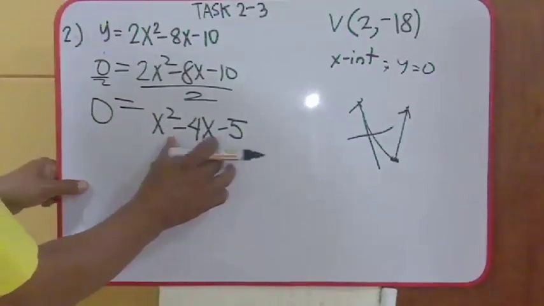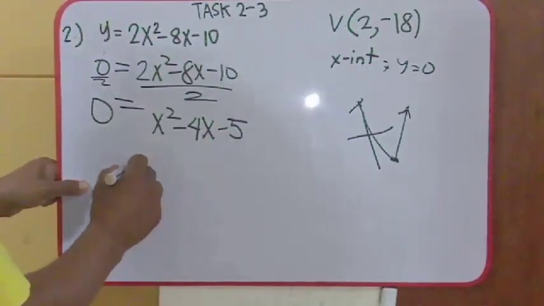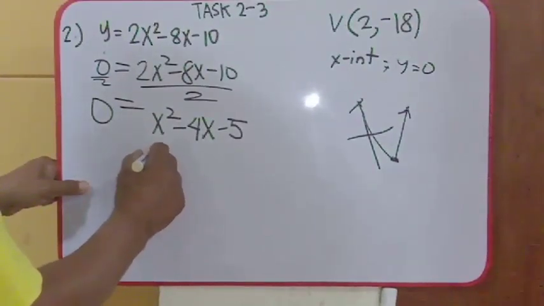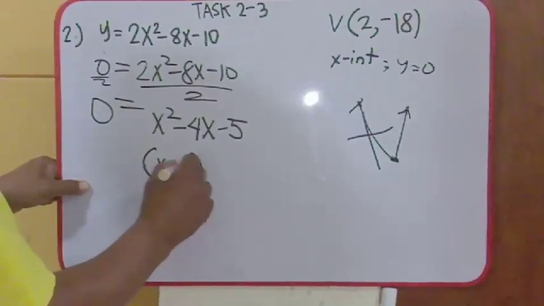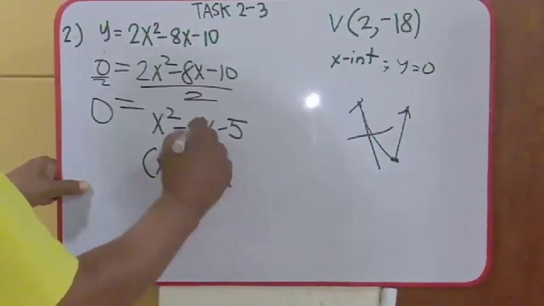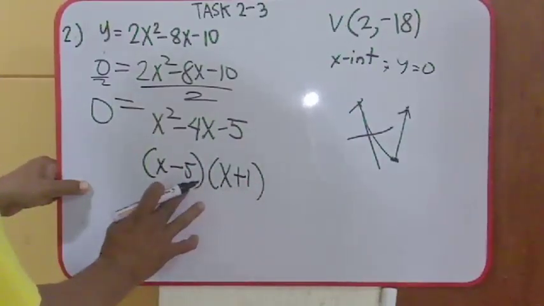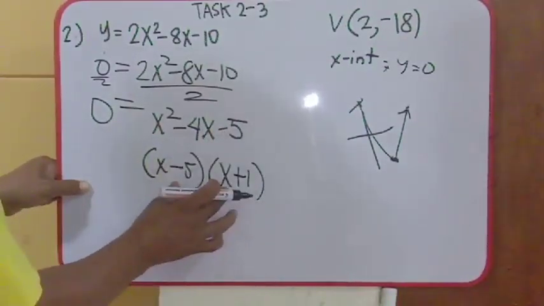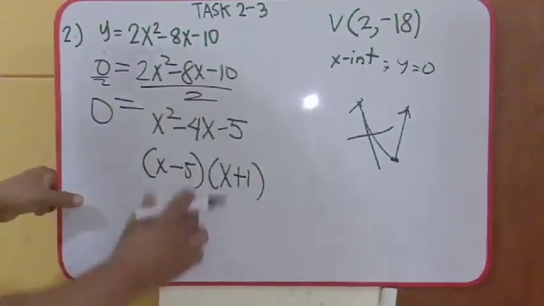X squared minus 4x minus 5, may factor yan. So, pwede natin i-factor. So, ang factor nito, so that is x minus 5 and x plus 1. Okay, negative 5 times 1 is negative 5. Get the sum. Negative 5x plus 1x, so that is negative 4x.